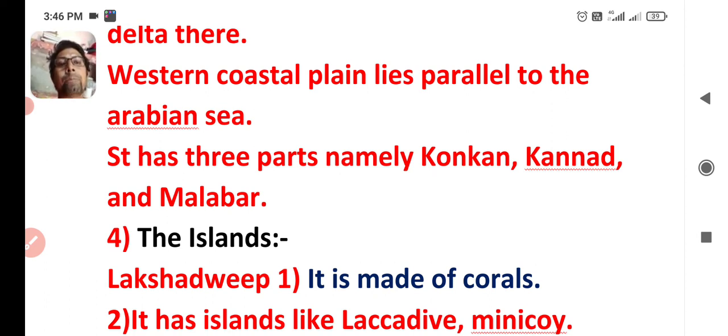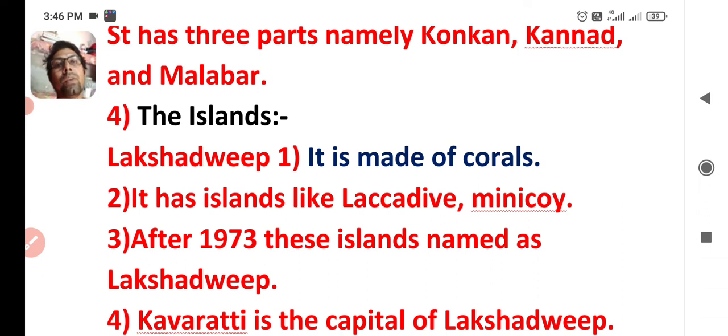I think you got all the points related to the eastern coastal plain and the western coastal plain. Next point is the islands. In lesson number 1, the previous lesson, you learnt that there are two major island groups in India. The first one is Lakshadweep, which is located in the Arabian Sea.